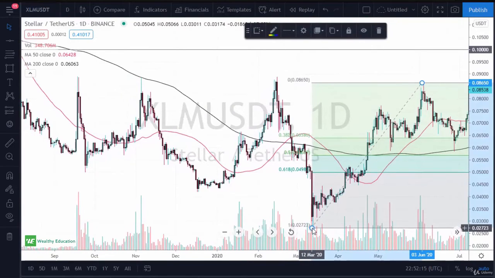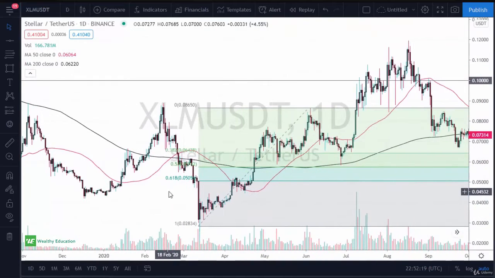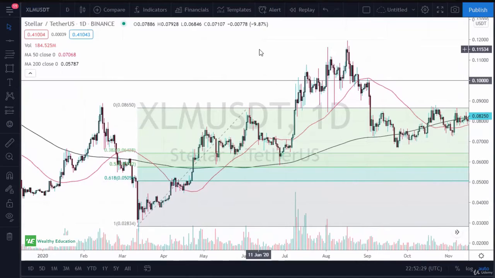I'd also point out that the pullback right there with the 200-day EMA, previous support, hammer-shaped candlestick, 50% Fibonacci retracement level, in an uptrend.